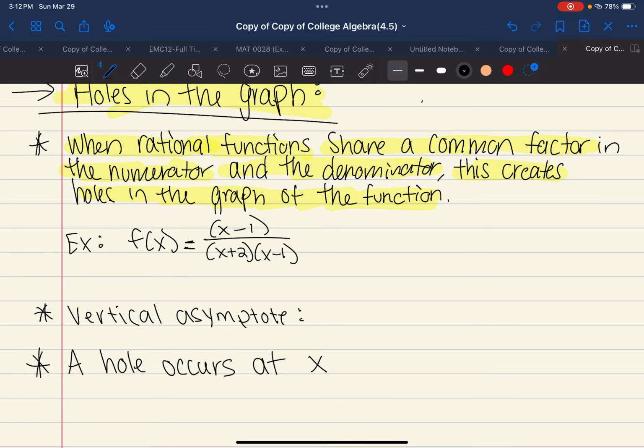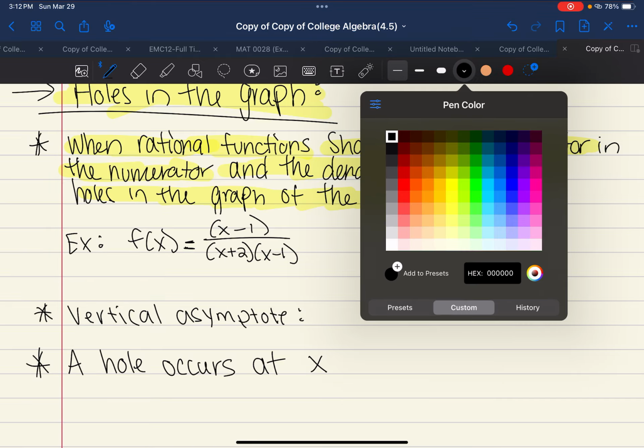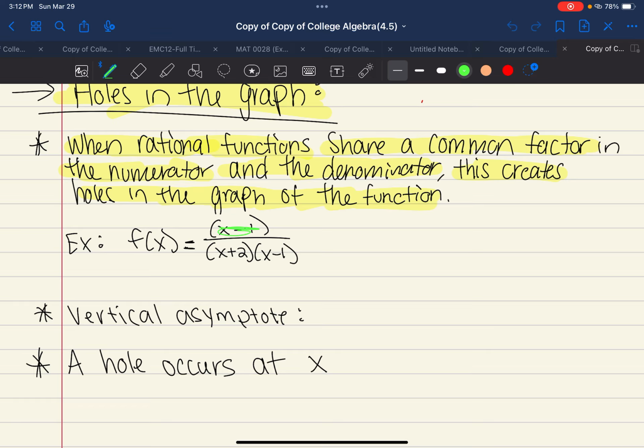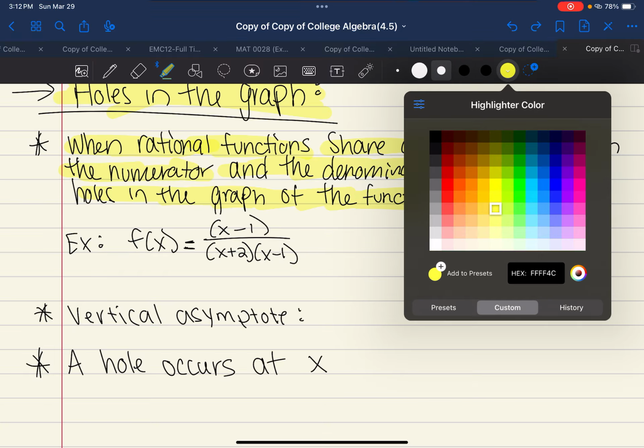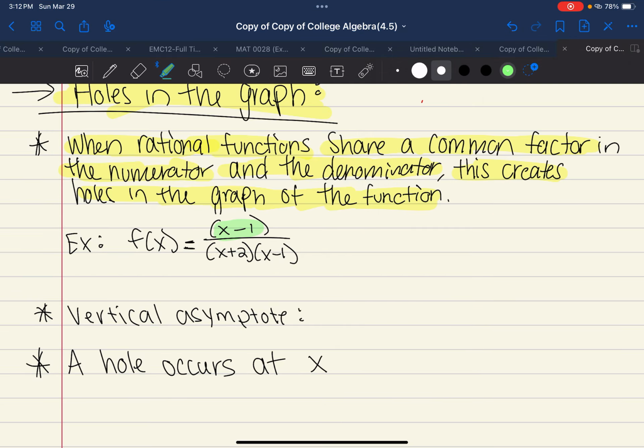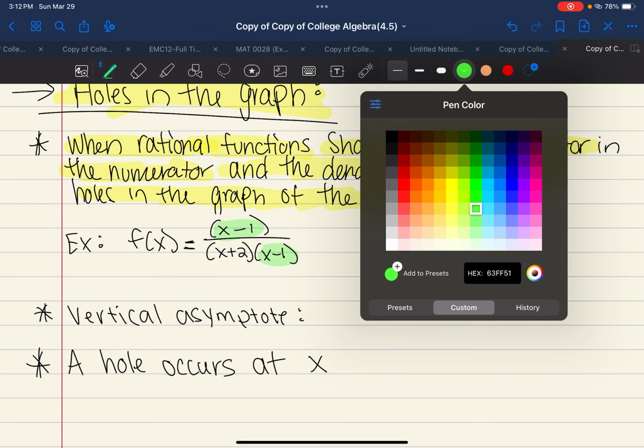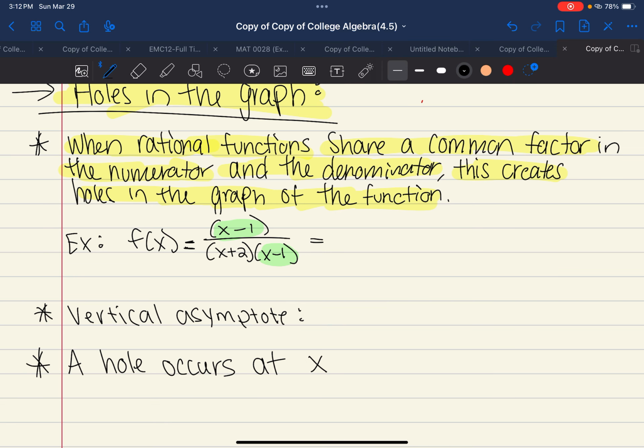If you got something like this, this function has a common factor of x minus 1 and x minus 1 because it's in the numerator and the denominator. So if I simplified this, it would be equal to 1 over x plus 2 because these would just cancel.